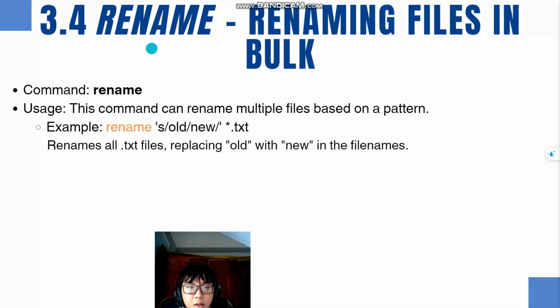We also have a rename command for renaming files in bulk, which means this command can rename multiple files based on a pattern. Here you can see the command. It replaces the old text with the new in the file name.